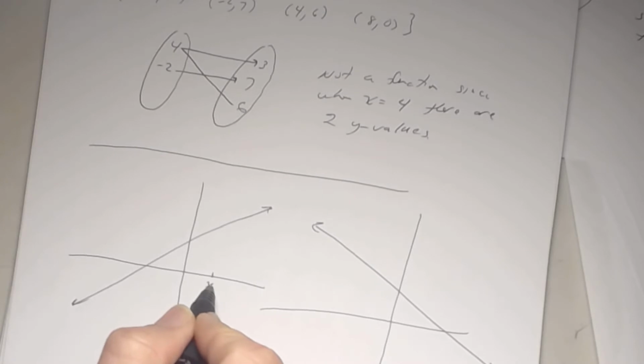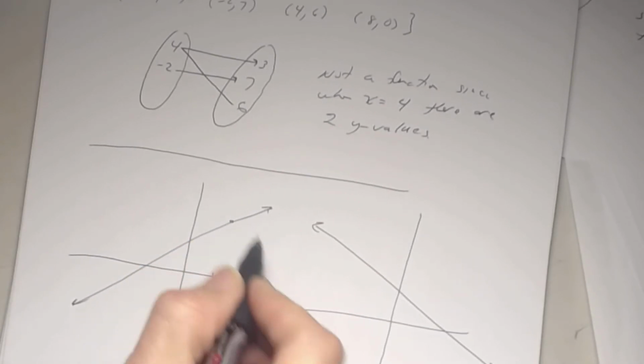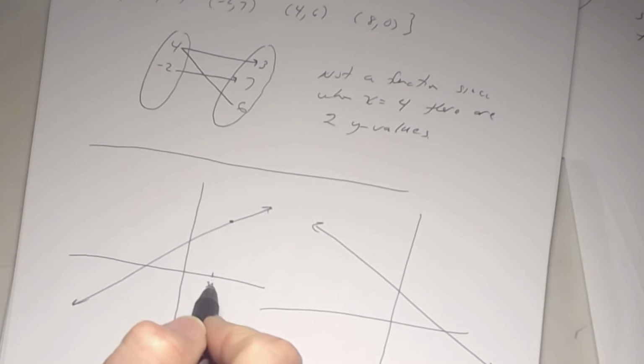The definition of a function said for each x coordinate, there's what? One y coordinate. All right, so for this x coordinate right here, you got to look at this in general terms. Y'all agree that this point goes with this x?